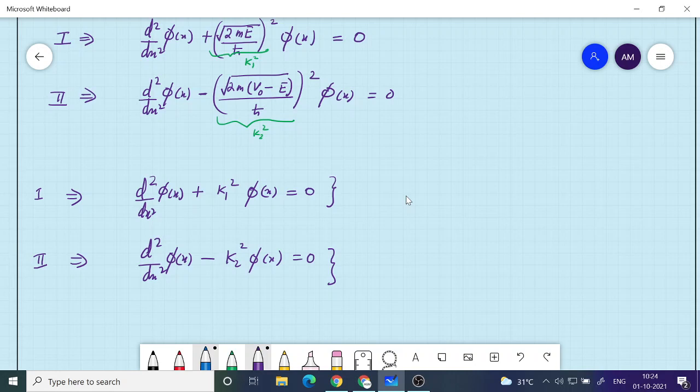But for the first equation we know that we can write the solution as a e raised to j k1 x, which corresponds to the right propagating wave, plus b e raised to minus j k1 x. So this is known to us.